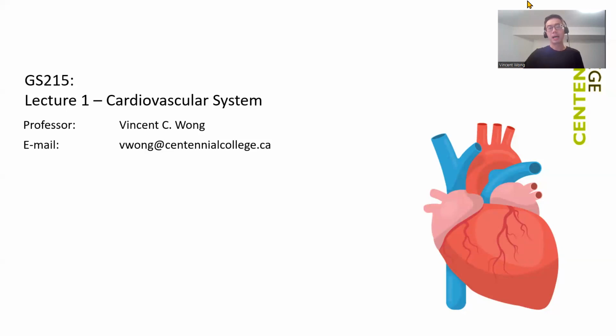It doesn't really matter. The first lecture is the cardiovascular system, which talks about the heart. Then we will talk about blood in the second lecture, followed by the immune system in number 3, and finally the respiratory system. So that's your first unit.